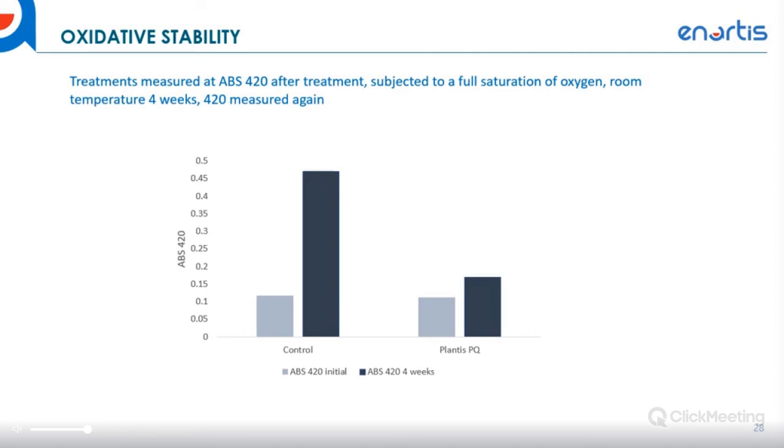You can see that the increase in browning, or absorbance at 420, between the control and the Plantis PQ is dramatic. When we measure the absorbance at 420, we're measuring the amount of yellow hue or the amount of browning that's occurring. You can see the control has a dramatic increase in the absorbance at 4 weeks, whereas the Plantis PQ has a very small increase in the browning. So wines and juices treated with Plantis PQ have less susceptibility to browning and therefore oxidation.